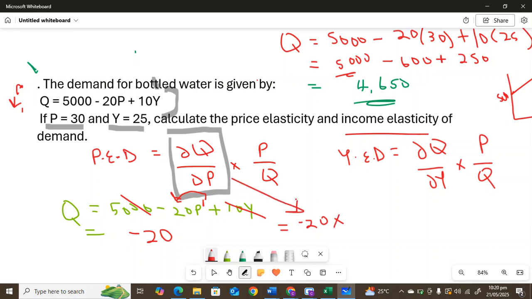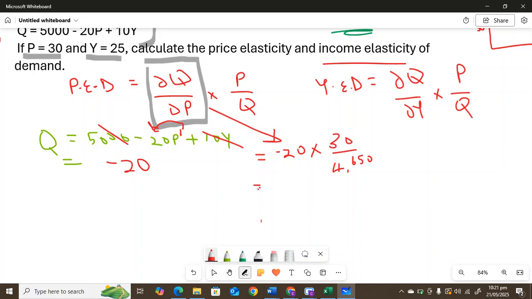So we substitute with negative 20 times the price 30 over 4,650, because we're differentiating with respect to P. So 30 divided by 4,650 gives negative 0.129.